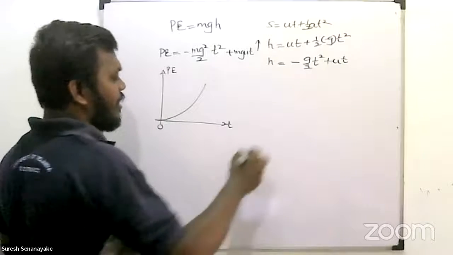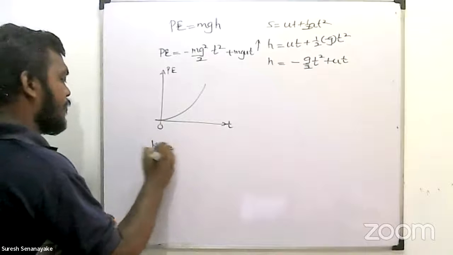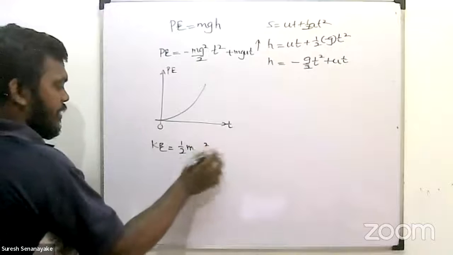And when you consider the kinetic energy, in a similar way the kinetic energy equals half m v square.